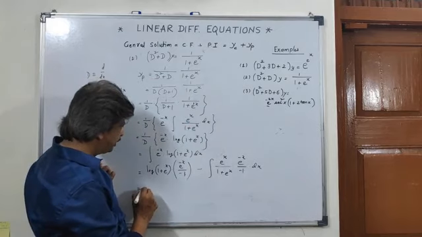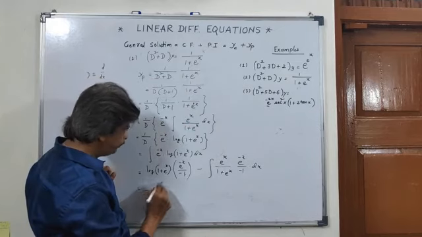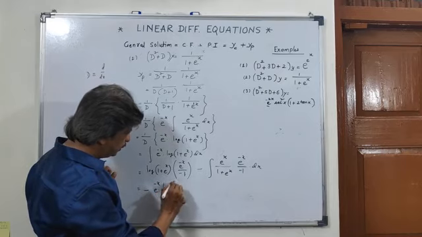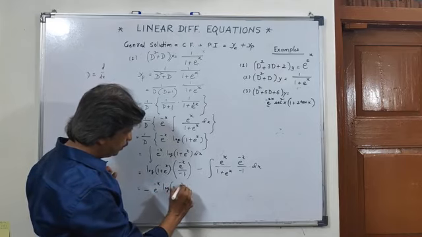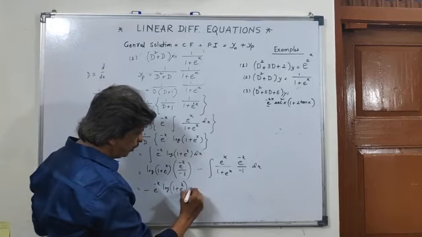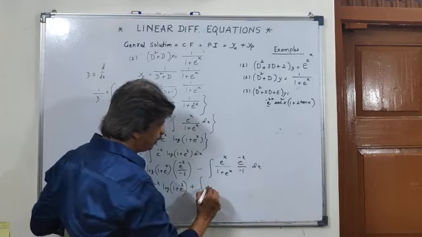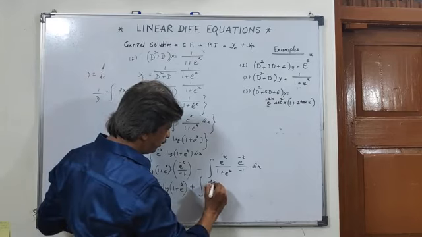Integration by parts. So this is minus e to the power minus x into log of 1 plus e power x. This minus minus would become plus integral of dx upon 1 plus e power x.